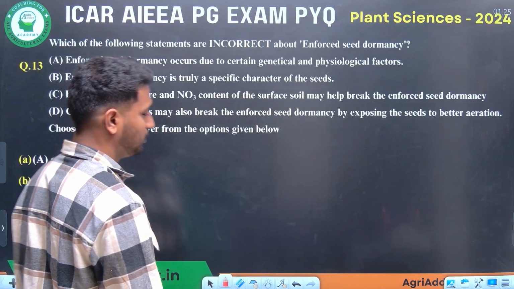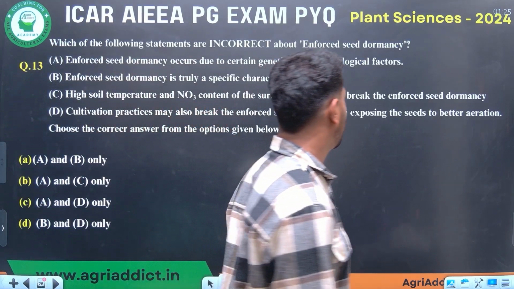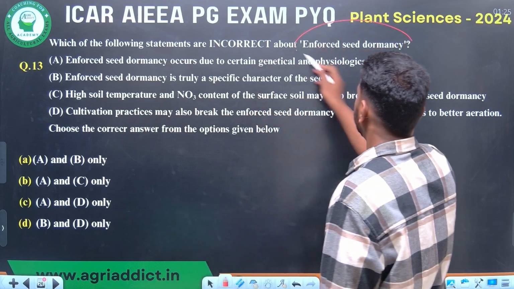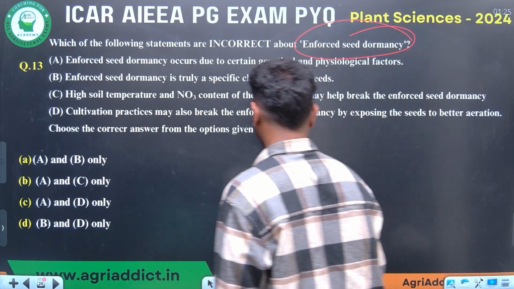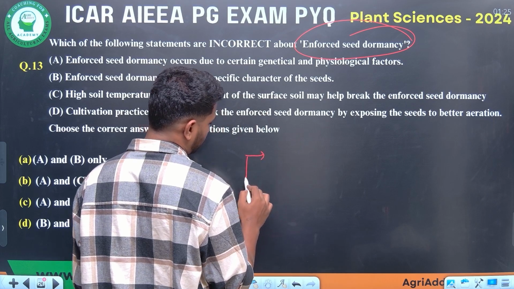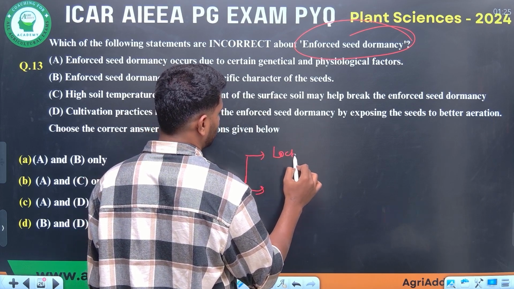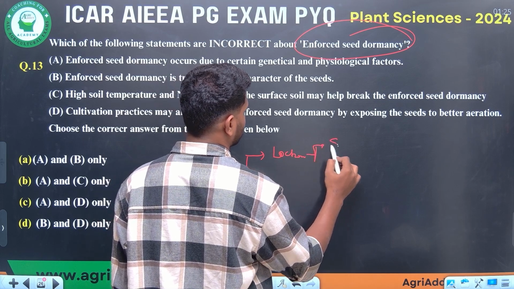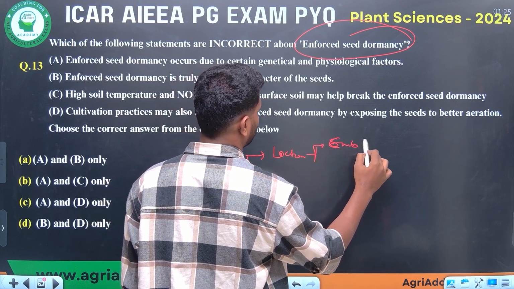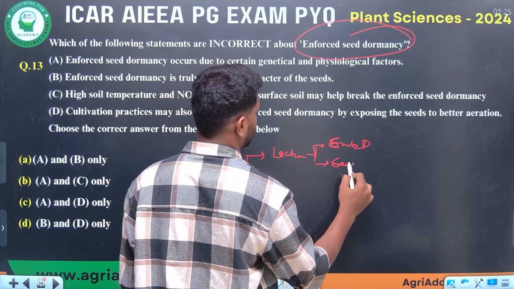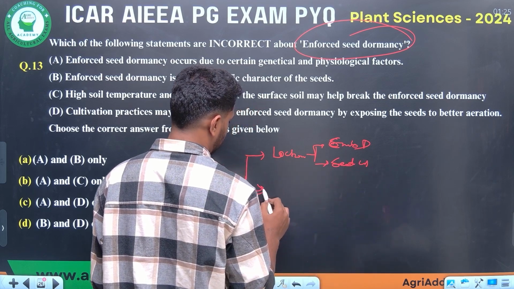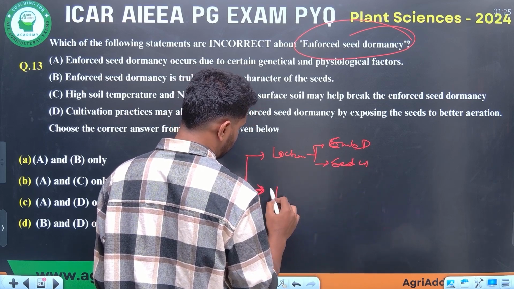Okay, so let's go to one more question, which is enforced dormancy. Where do you see this enforced dormancy? In the previous slide, I told you about 2 different types. One is based on the location, whether it is embryo, which is called embryo dormancy, and the second one was seed coat dormancy.